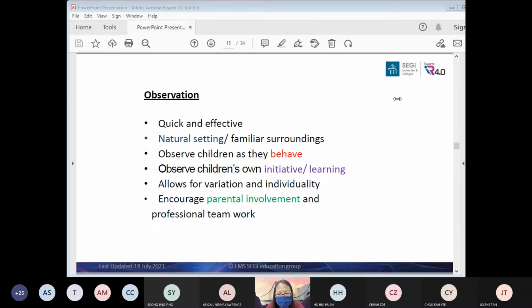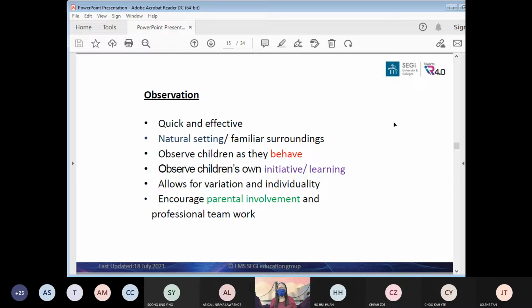Diary. Sort of writing what happened, as one of the things. Observation is usually quick and easy. It's more effective. And then natural setting.